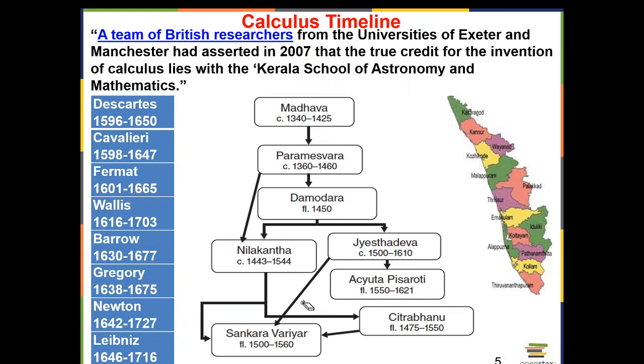In Calculus 2, we're going to look at some of the calculus that was done in the Kerala School of Astronomy and Mathematics in India. That was coming up with infinite series for sine and cosine functions and things like that. So I just wanted to mention that there are people who give credit for the invention of calculus to the Kerala School of Astronomy and Mathematics in India.